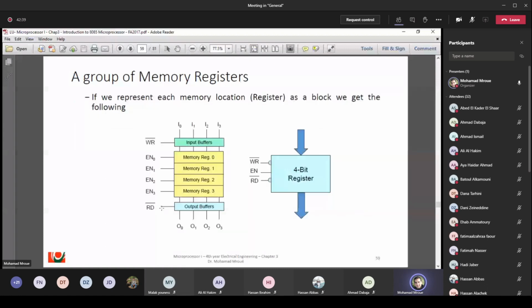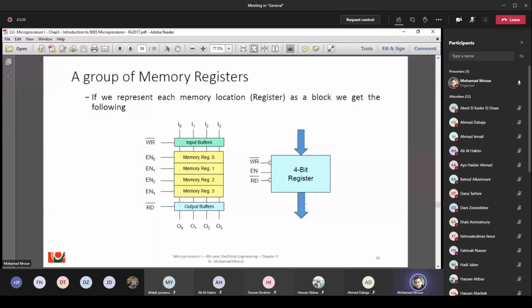So if we represent each memory location, which is a register, as a block, we get the following. We have the input buffers controlled by the write, the output buffers controlled by the read, and we have the enable to enable one of the memory locations in order to write or to read.